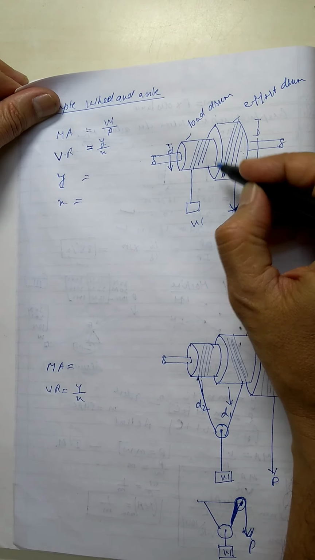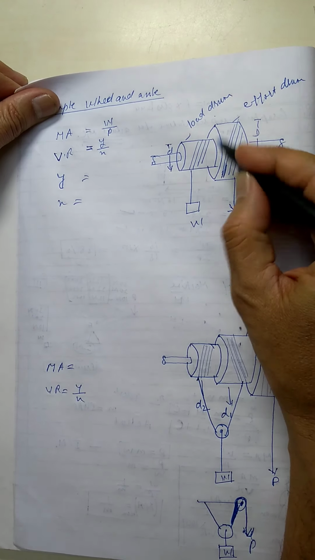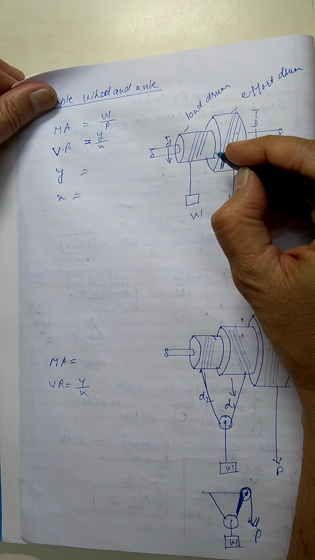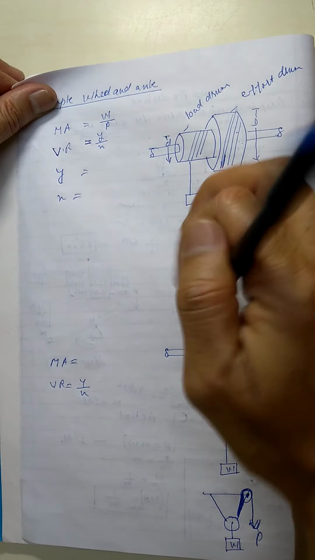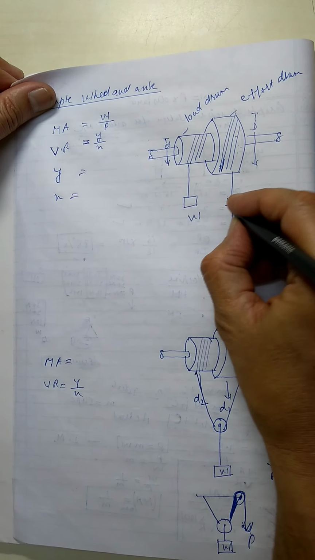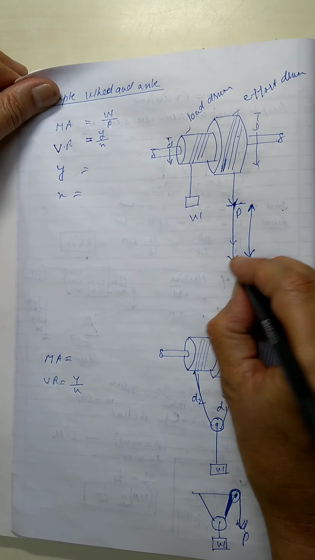In other words, the whole system will undergo one revolution because they all act as a single unit. Now, what is the distance moved by the effort? The distance moved by the effort will be equal to its circumference, because it has completed one revolution, and this string from here to here will be its circumference.